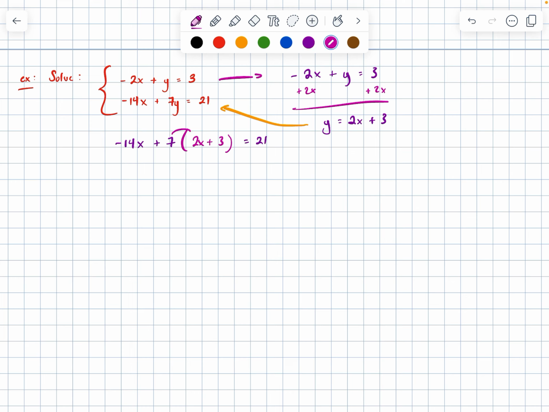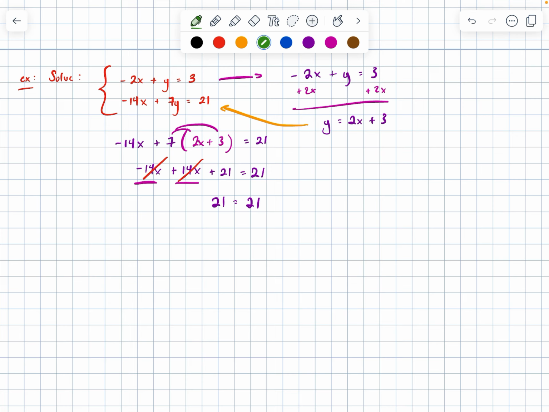From here, let's do some distributive property. So I've got negative 14x plus 14x plus 21 is equal to 21. Notice on the left side, negative 14x plus 14x, well, that is 0. So I'm left with 21 equals 21.